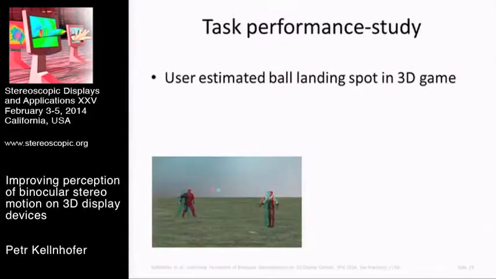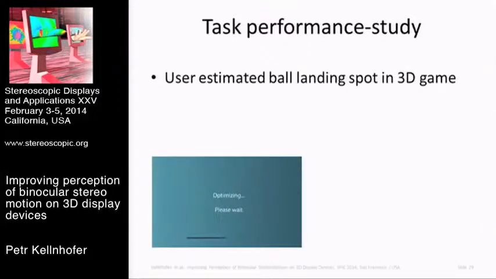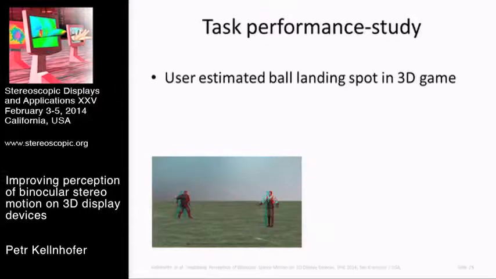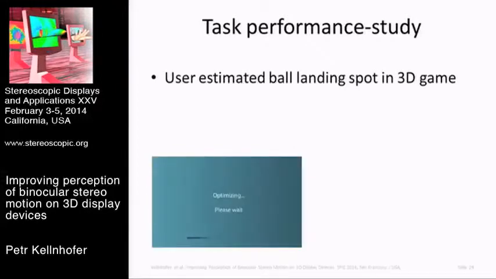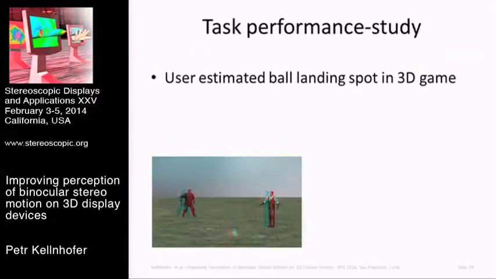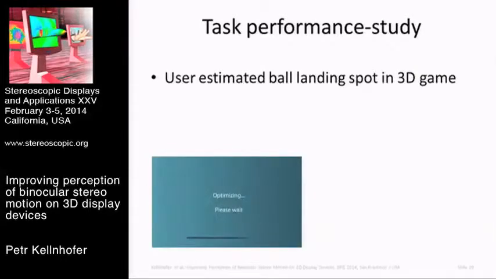We also had a theory that manipulating the disparity will cause user performance to go down in some tasks that require depth estimation, especially connected with motion of object in depth. So here we had a task where users had to estimate a trajectory of a ball moving in 3D space, and they had to estimate where the ball would land if he saw the entire trajectory.